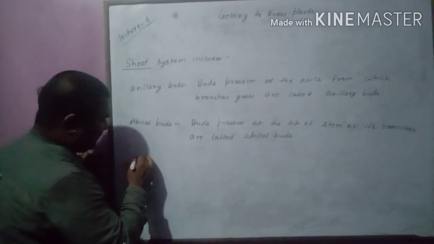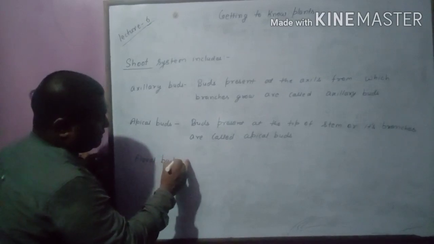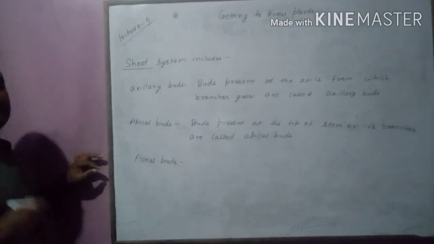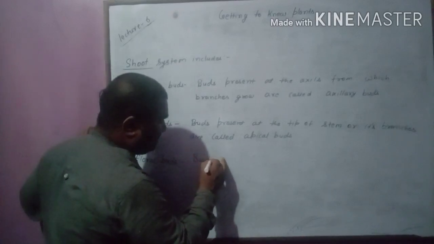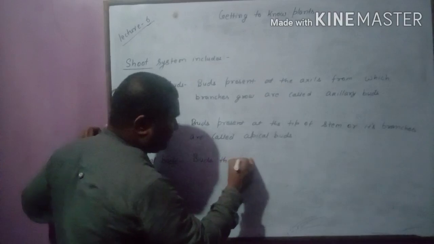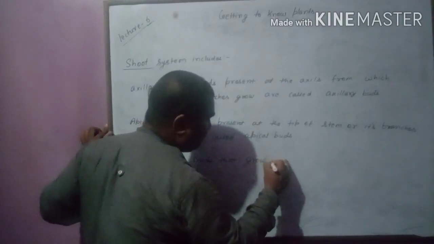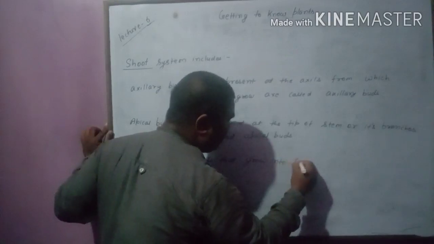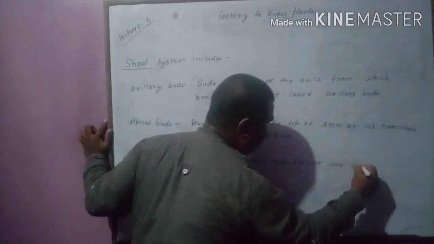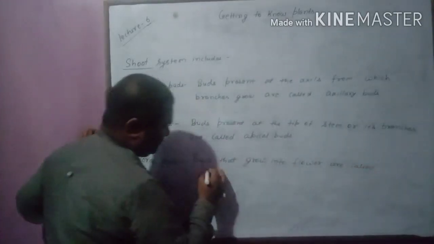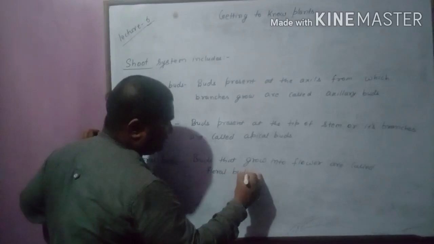One more bud is there, that is called floral bud. Buds that change into flower are called floral buds. So buds that grow into flower are called floral buds.